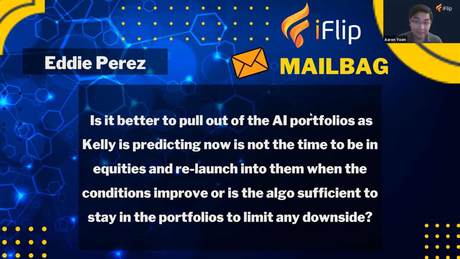Time the exit better than the AI, and time the entry better than the AI as well. So you've got to be right twice, not once, when you do something like this. Or you could make zero decisions and just let the AI do everything. The exit, the entry, everything in between. Just let the AI do everything.